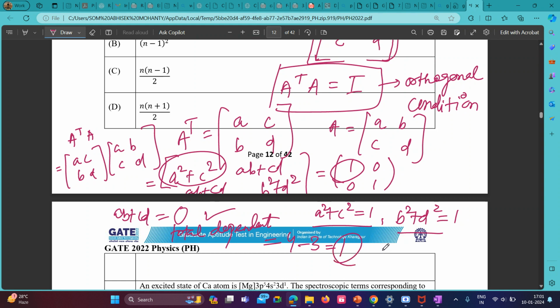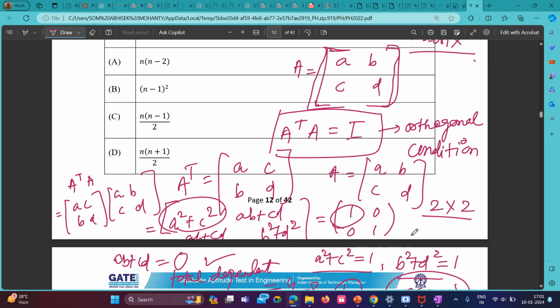All right. This is a 2 by 2 matrix we have taken. So how can we get 1 from a 2 by 2 matrix? If I write n into n minus 1 by 2, see, 2 into 2 minus 1, 2 by 2 is 1. So this is the formula that I can use, isn't it? 2 into 2 plus 1 by 2 is not giving me 1.